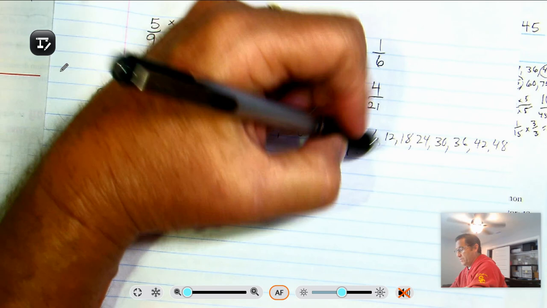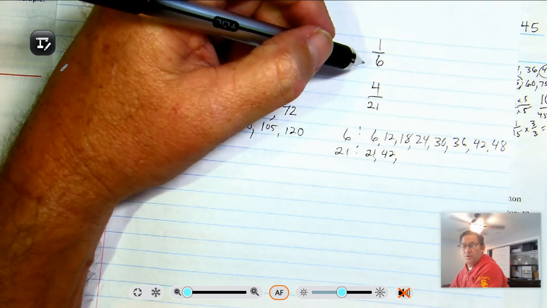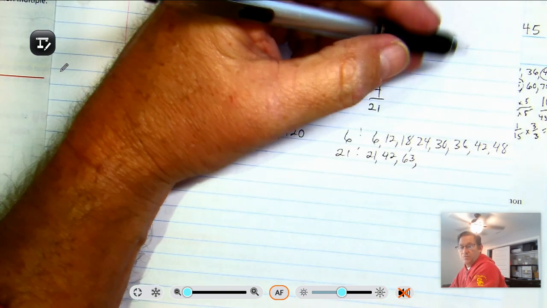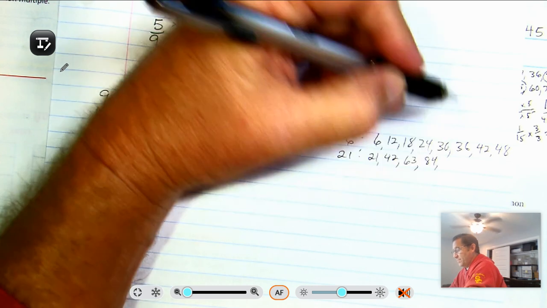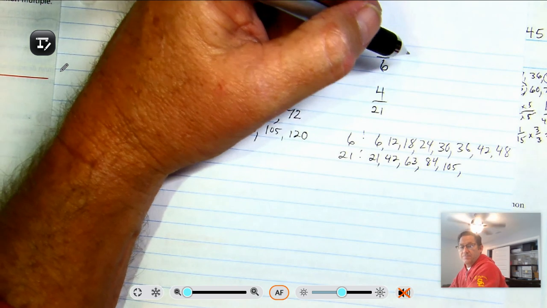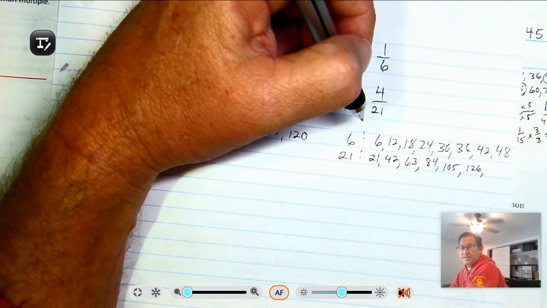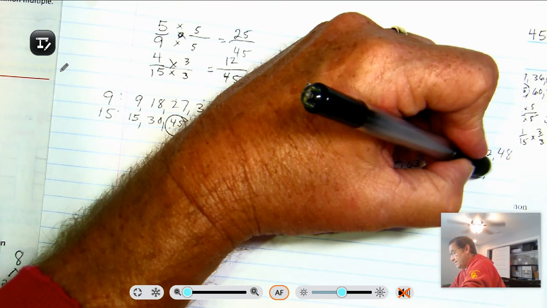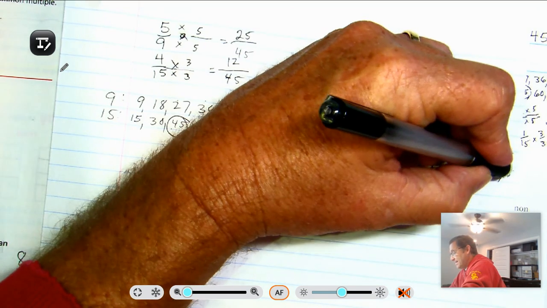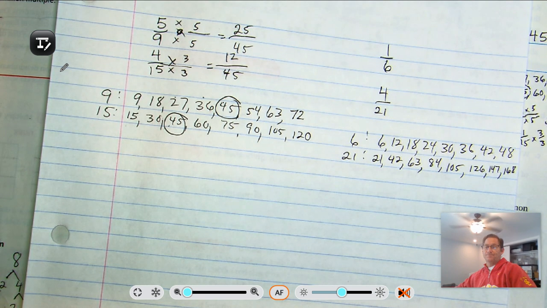All right, 21. 21 plus 21 is 42. 42 plus 21 is 63. 63 plus 21 is 84. 84 plus 21 is 105. 105 plus 21 is 126. 126 plus 21 is 147. And 147 plus 21 is 168.